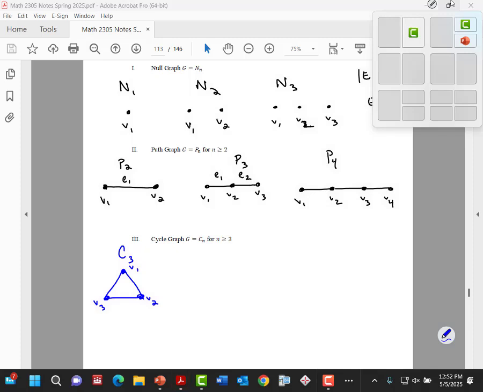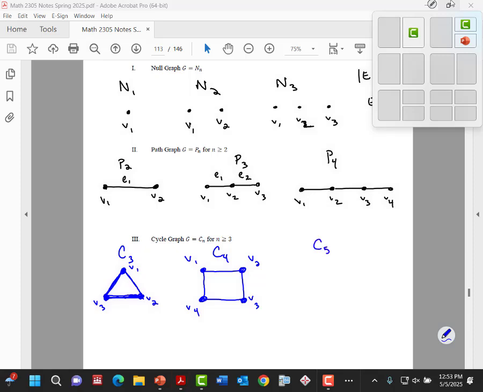Notice you can see why we would call this a cycle. We haven't defined what a cycle is yet, but you can see how I could travel from V1 to V2 to V3 and then back to V1 and make what we're going to call a cycle. C4, the cycle graph on 4 vertices, would be as follows: V1, V2, V3, V4.